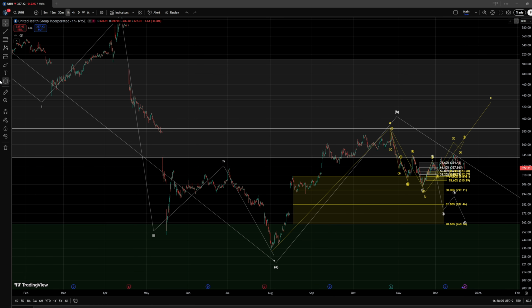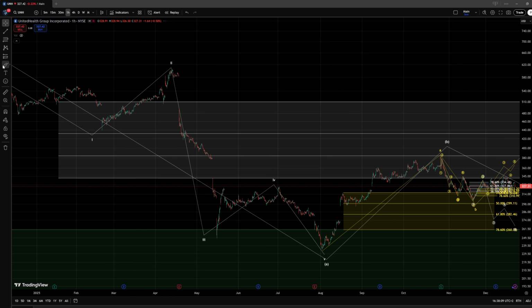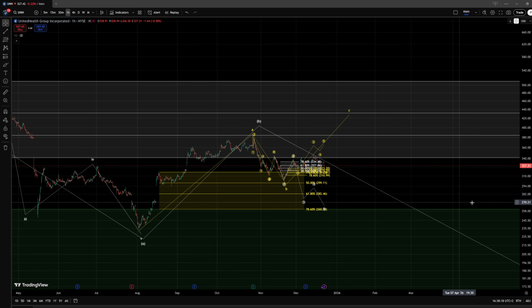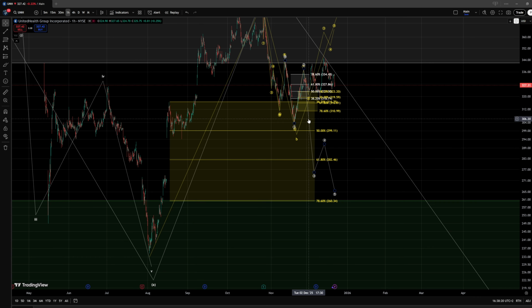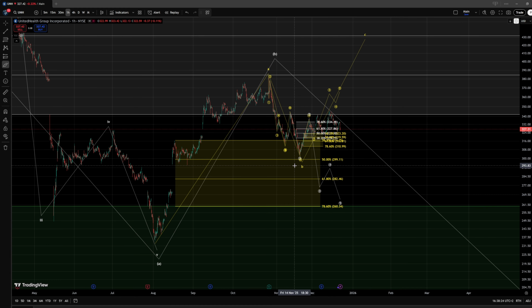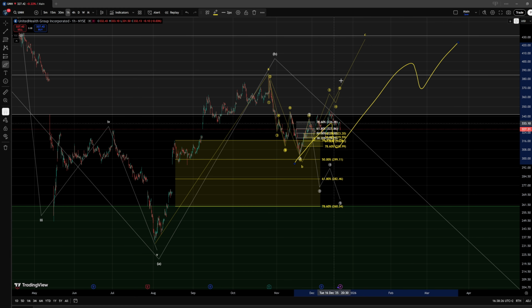We have a larger leading diagonal to the downside that has occurred in, probably this is a much more clear structure in the white scenario in this wave A to the downside than in this wave A in yellow to the upside, but it is in the end a decently similar structure that we can track for a larger pattern that would allow again another 5-wave move to the upside within a wave C.